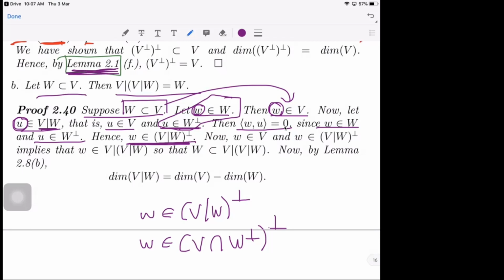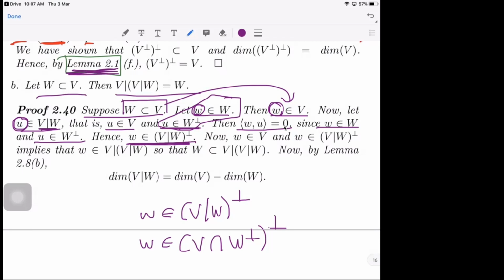Next, you have to show that the dimension of W is equal to the dimension of V mod W perp. Now, by lemma 2.8b, the dimension of V mod W perp is the difference between the dimension of V and the dimension of W. Also, again by lemma 2.8b, the dimension of V mod W is the dimension of V minus the dimension of V mod W perp.